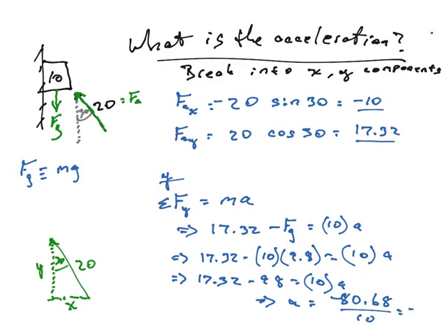So we get negative 8.07. So what does that say? That tells me that even though I'm pushing up on this box, I'm not pushing hard enough. So the box will still slide down the wall. It'll slide down with this acceleration of -8.